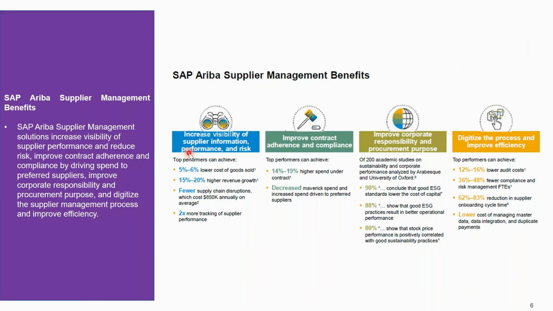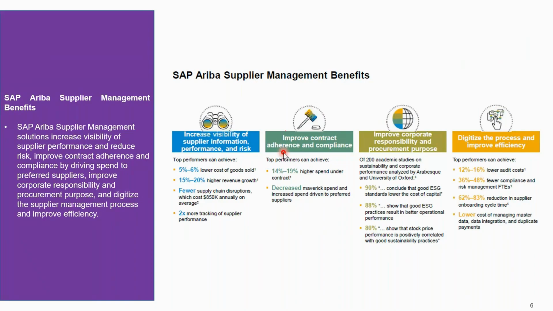This will help your procurement leaders take decisions, and be decisive in terms of their decision-making policies, because this is driven by your policies as well. So they will improve contract adherence or compliance.